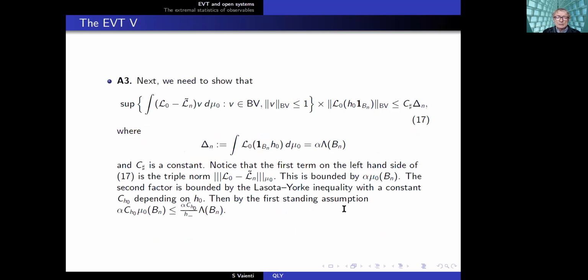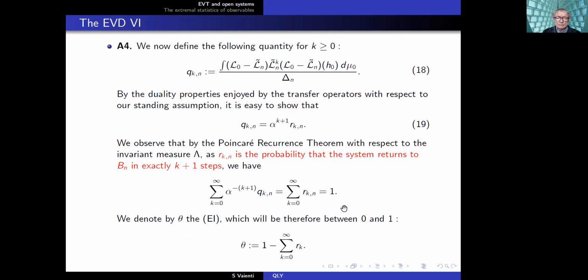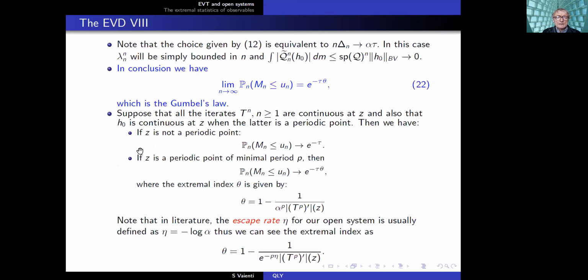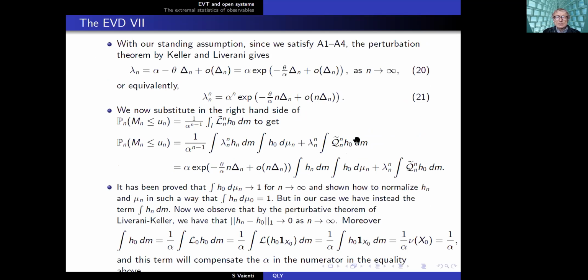So if we come back to the computation, which is here, this distribution can be written in this way.